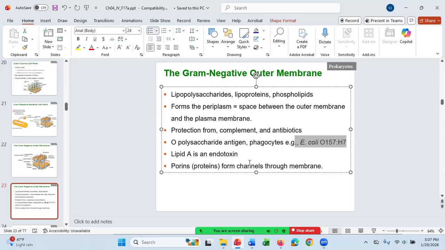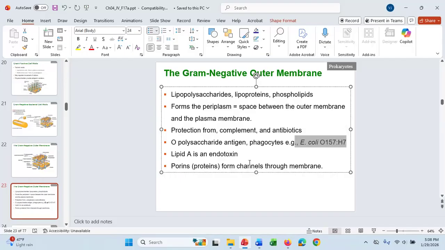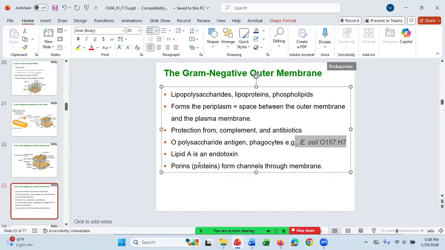Remember that lipid A is an endotoxin, and the gram-negative outer membrane does have porin proteins that form channels through the outer membrane, and that allows important molecules to enter the cell or leave the cell. So if it can't get through the outer membrane, it has to move through the porin protein. That's a little bit different than the cell membrane.